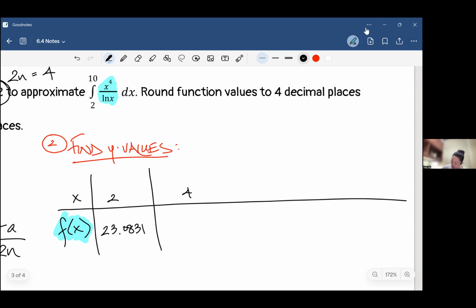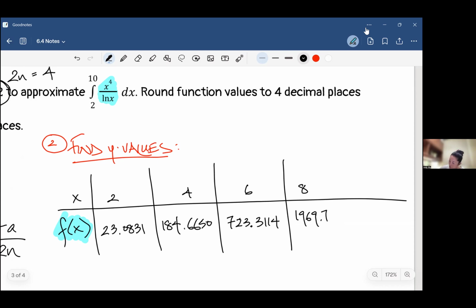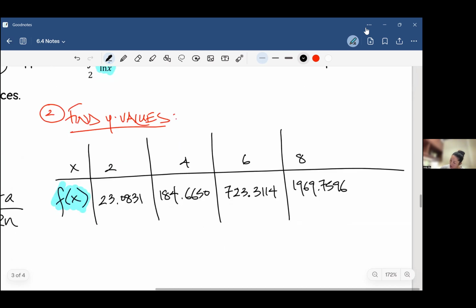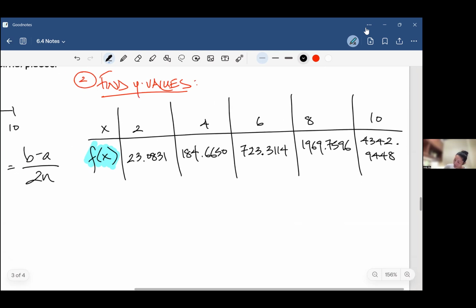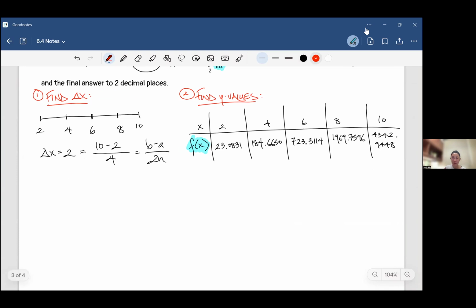For 4, I got 184.6650. For 6, I got 723.3114. For 8, I got 1969.7596. For 10, I got 4342.9448. Double check my work, but I'm pretty sure those values are right.